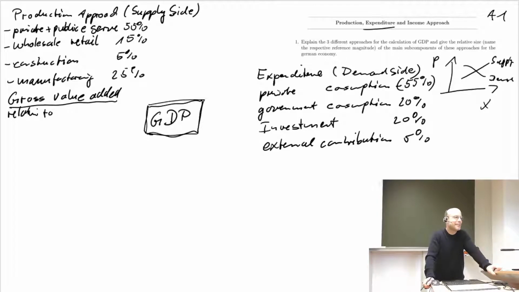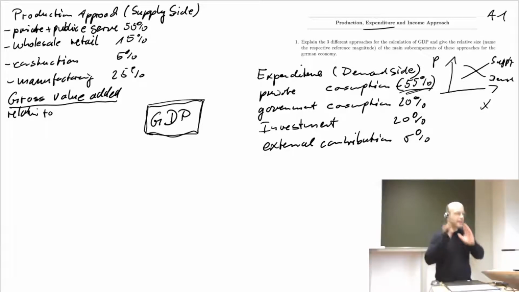Now, this year and the next year, we also obtain additional public money because of the energy crisis. So I would doubt that in 2022 and 2023 this number will again rise up to 55%.